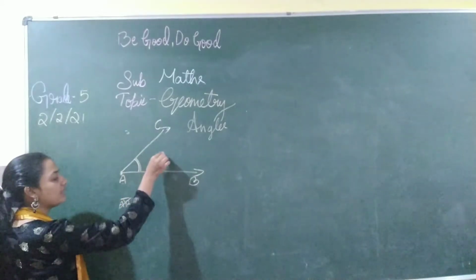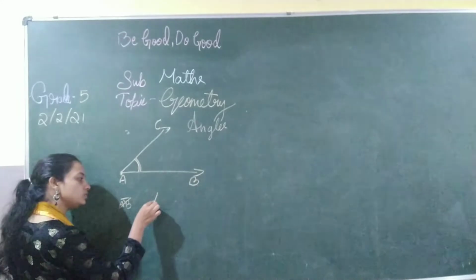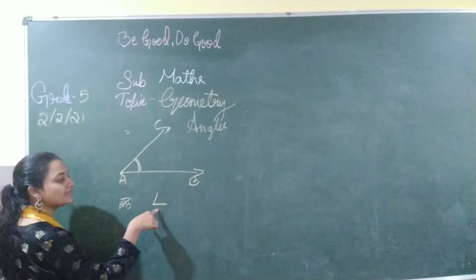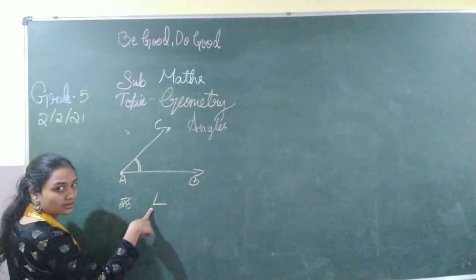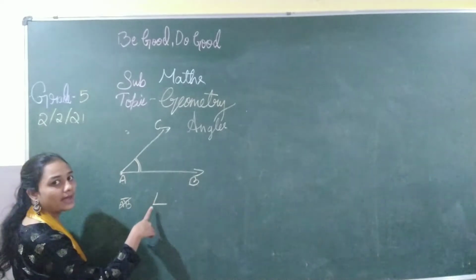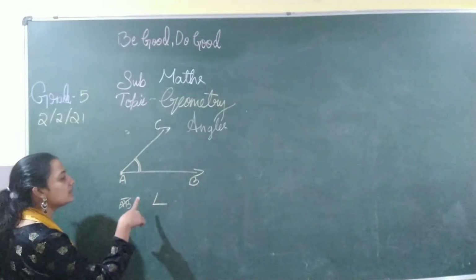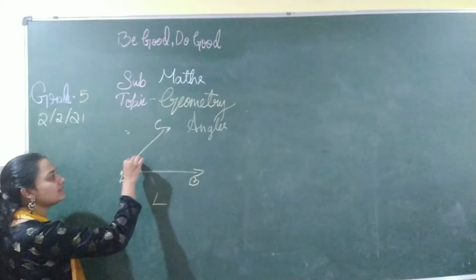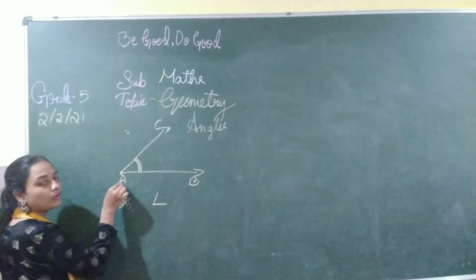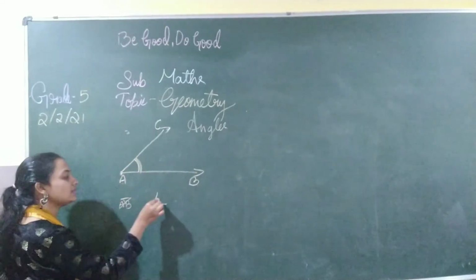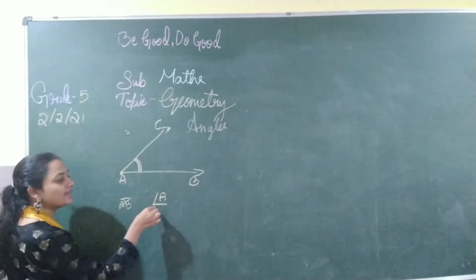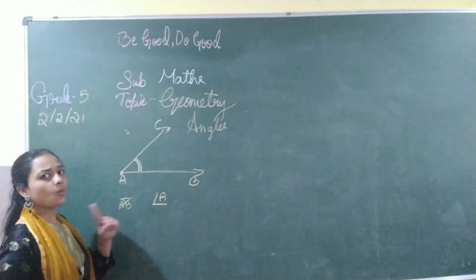Same like this, for angles you should draw a symbol like this. This is the symbol for angle. Then which is the angle? Where are the lines meeting? At point A. So you write angle, and A inside the angle here. This is one of the types.